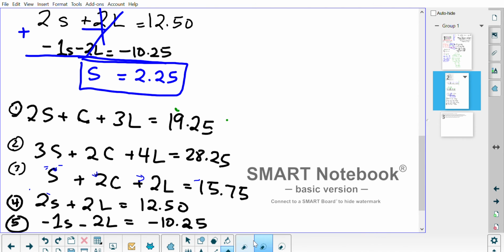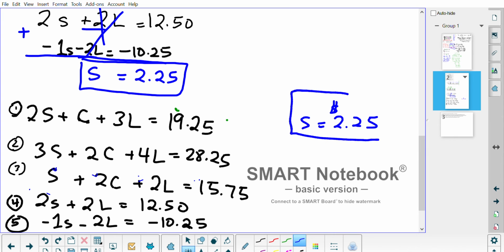So we have all these written out, and we just have that value of s. S is just equal to 2.25. So we only have one variable. Which of these 5 equations can we put this value of s in? Which one is going to be the best for us to solve?